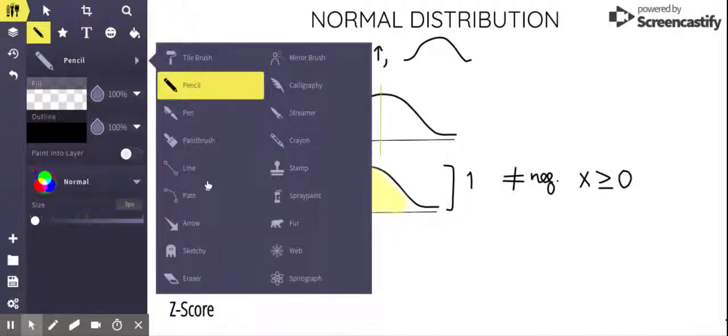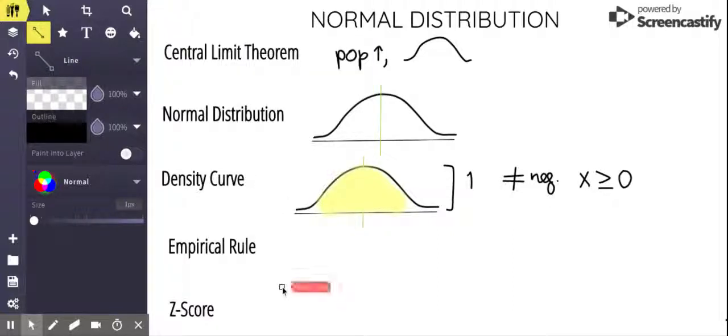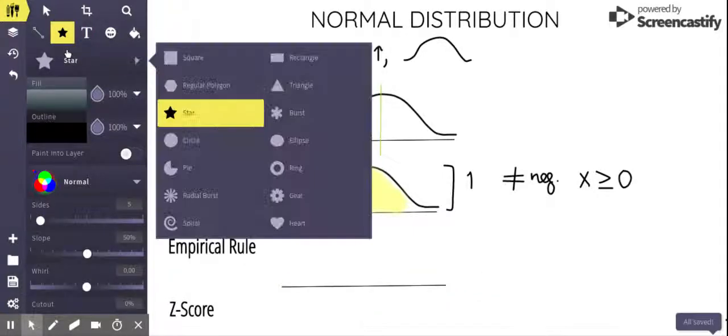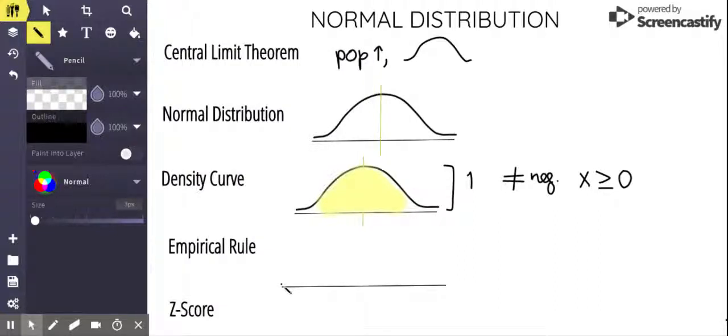Now let's see what these specific distributions really are. So let's draw our whole axis. And this is, of course, assuming our normal distribution bell curve. Let's draw that again.